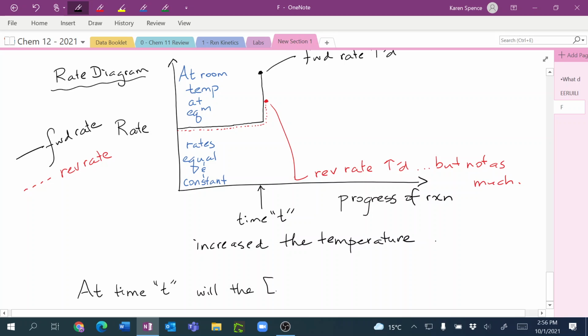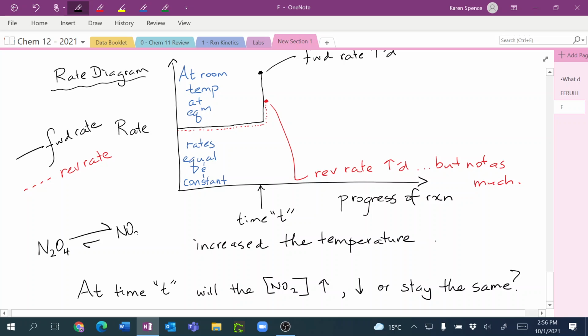Will the concentration of NO2 increase, decrease, or stay the same? The concentration of NO2 will increase, yes, because we're making it faster than we are using it.